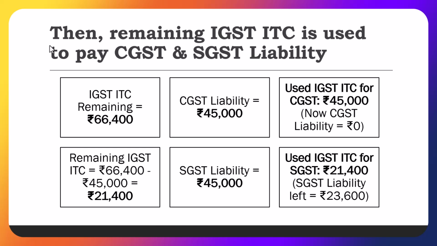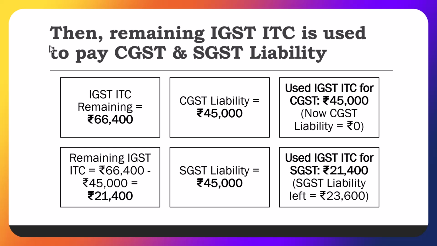Look, what is the ITC balance remaining here after paying the IGST liability? 66,400. So he has completed his CGST liability of 45,000, which means he doesn't have to pay any money because he is covered against IGST. So the liability of CGST will be zero. He'll still be left with 21,400 of IGST.